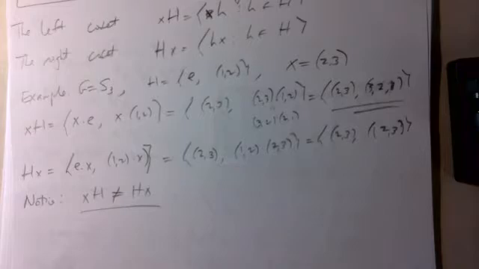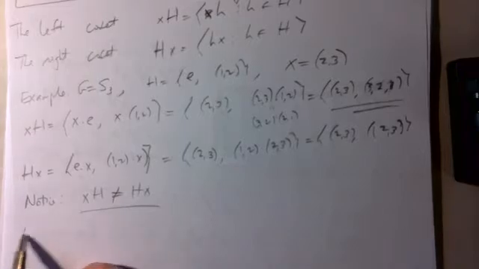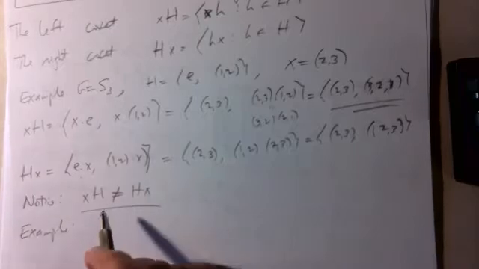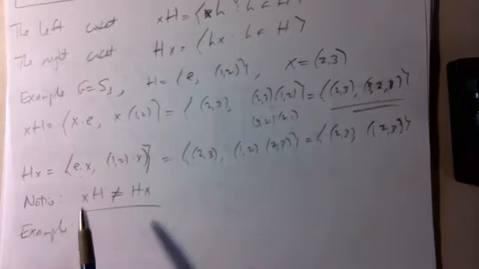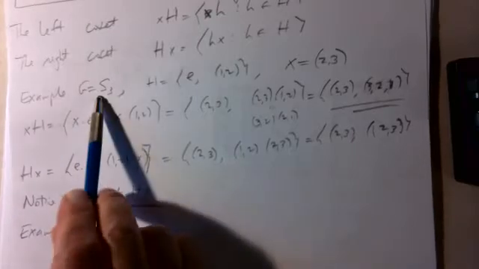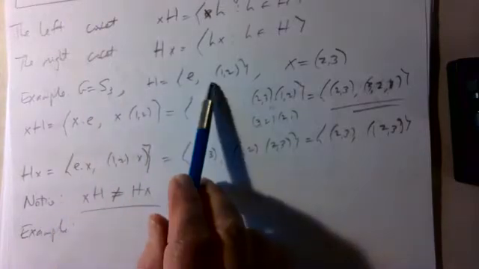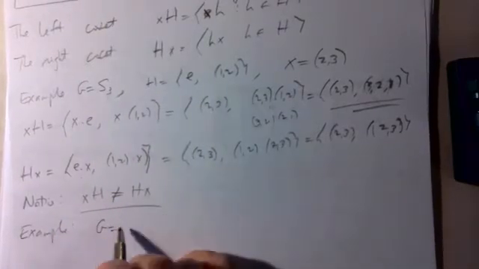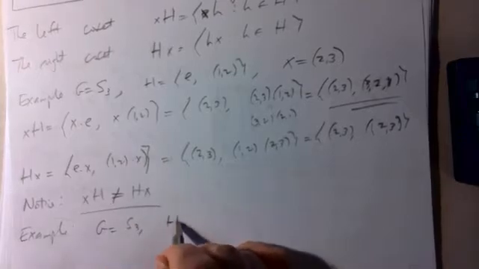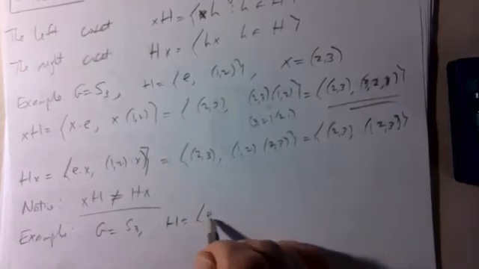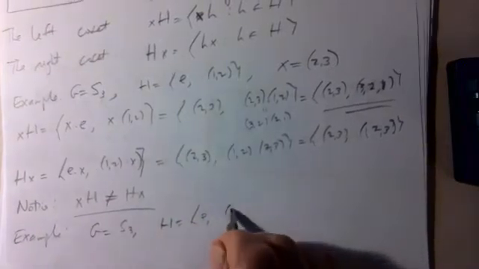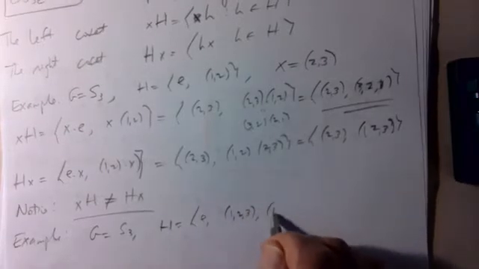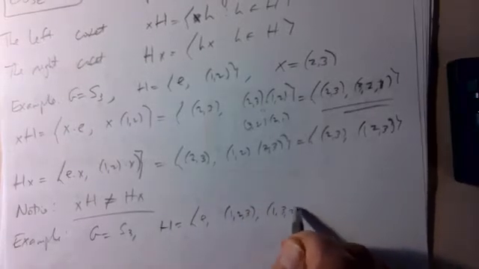So think about that for a minute, and then spend a couple of minutes right now with some paper working out the following. For the same group, G equal to S3, suppose I take H to be the subgroup consisting of the identity and the 3-cycle (1 2 3) and the 3-cycle (1 3 2).